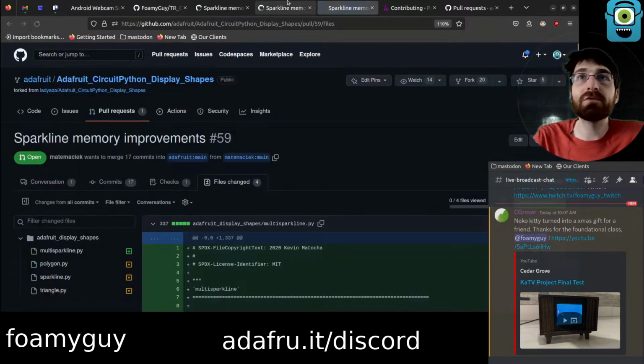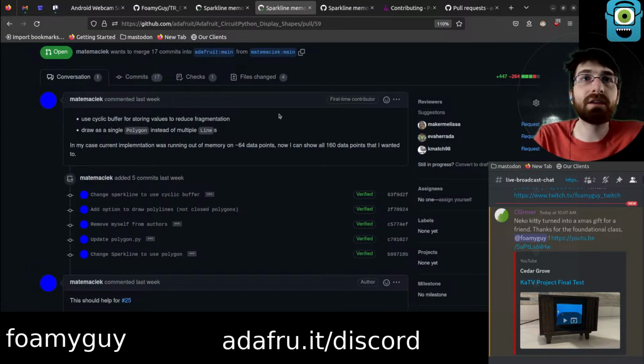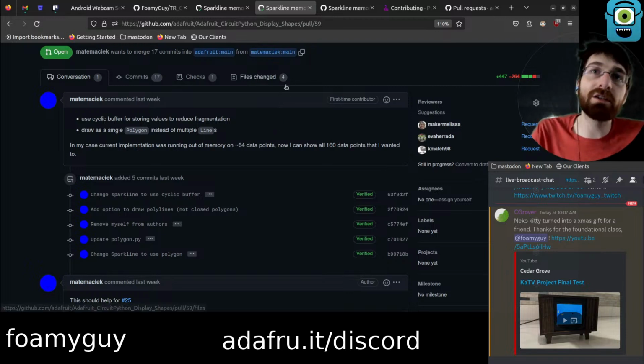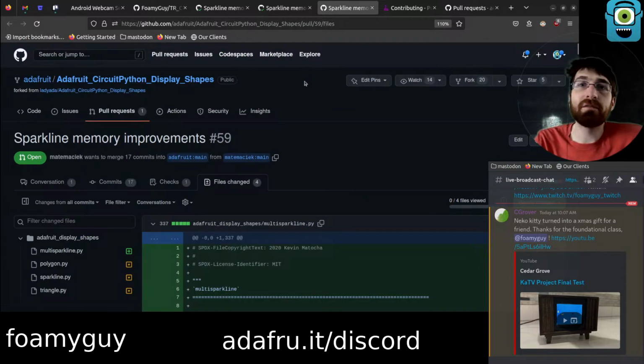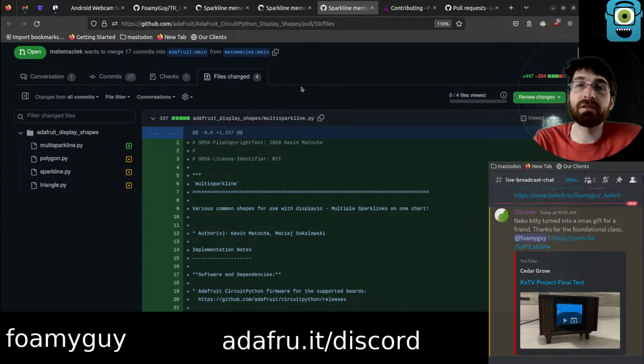They have used a cyclic buffer for storing values to reduce fragmentation. So I guess instead of just making new variables that eventually get garbage collected, they have maybe defined a buffer object that just stays alive, and they use parts of it and then reuse parts of it.